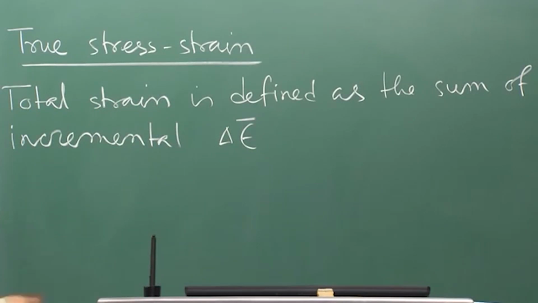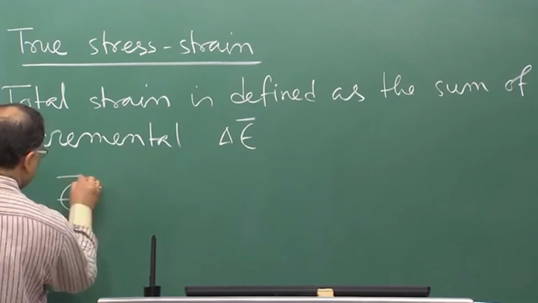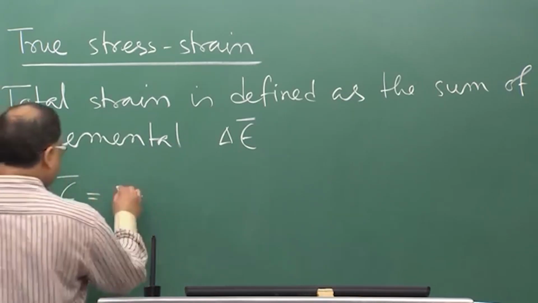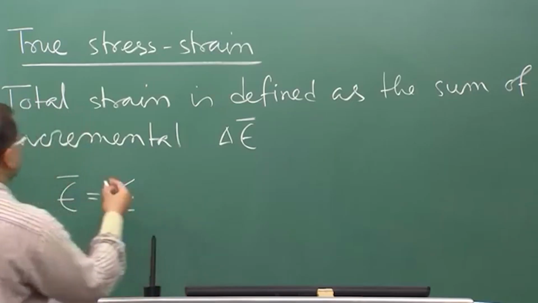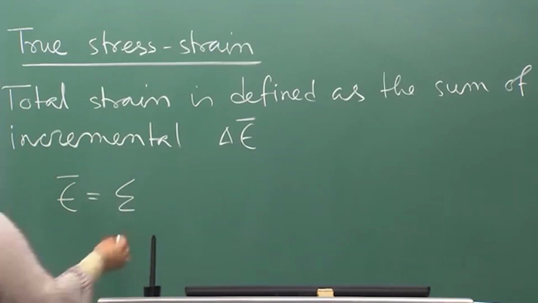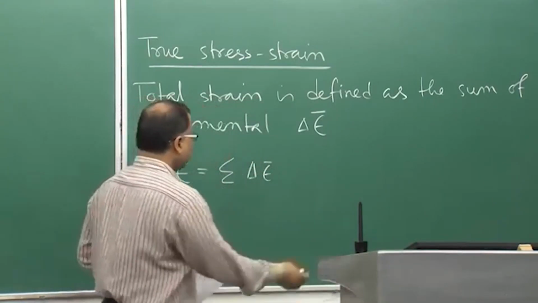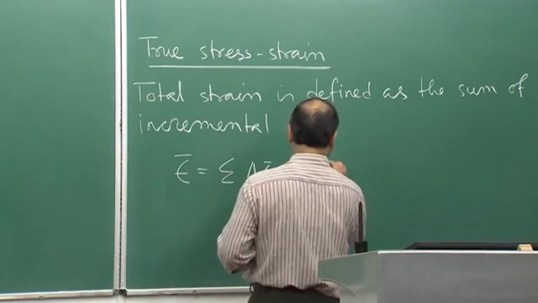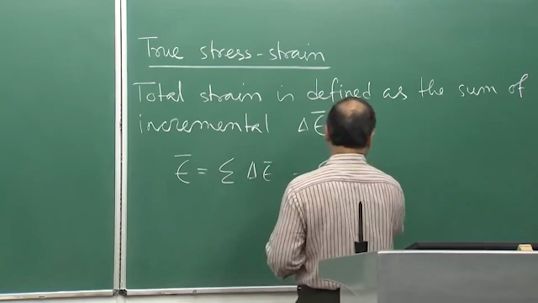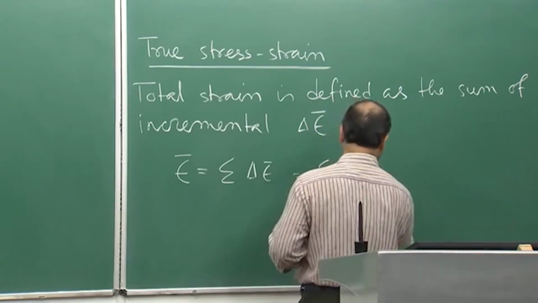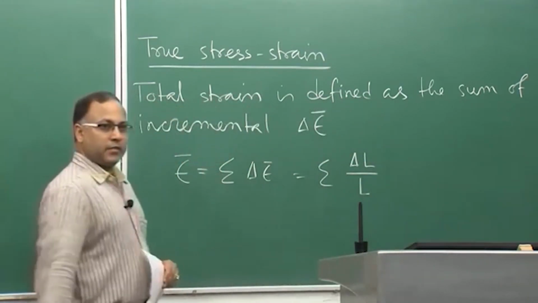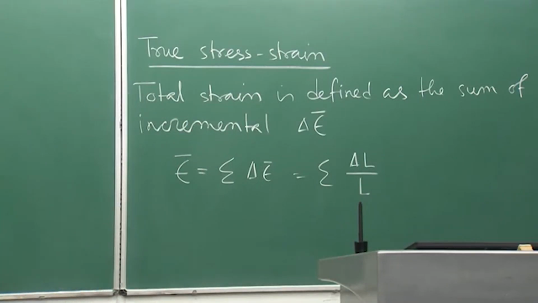Therefore, your true strain epsilon bar is nothing but the summation of your incremental strain, that is delta epsilon bar, which I can write as summation of delta L by L. What is L? L is the current gauge length. Okay. So, at that instant when you are considering that particular increment, right.